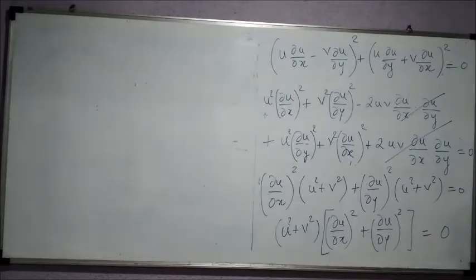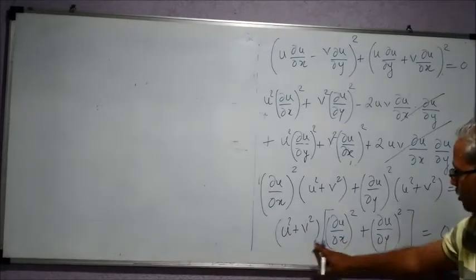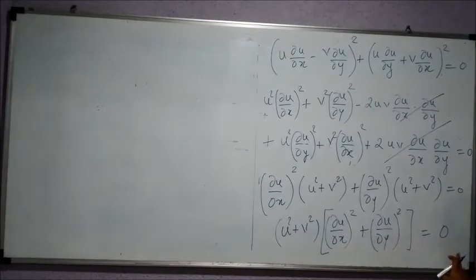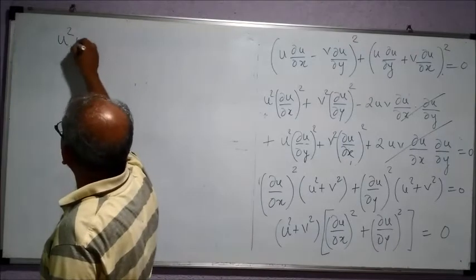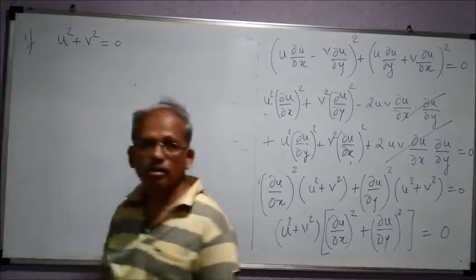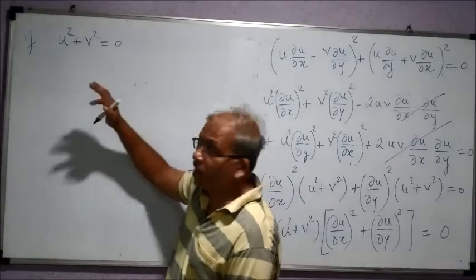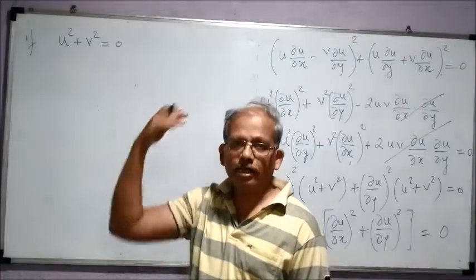Now this is a product, and the product is equal to 0, so one of them has to be 0. If u square plus v square is 0, these are two positive quantities because they are squares and their addition is 0.